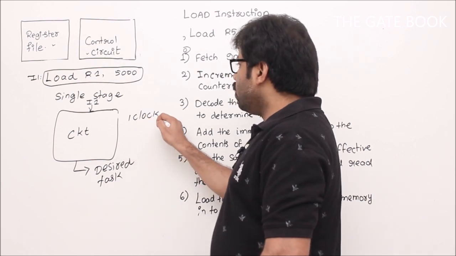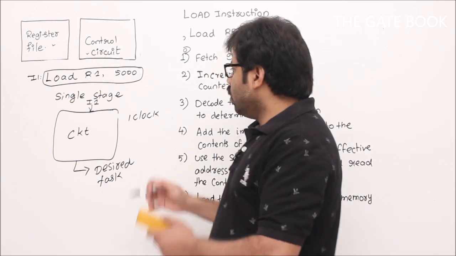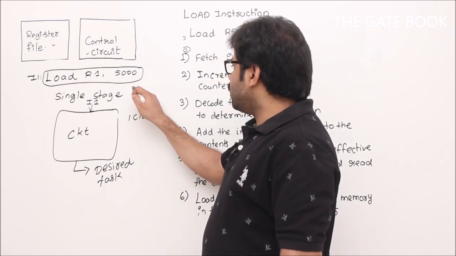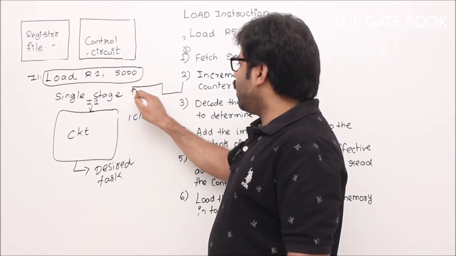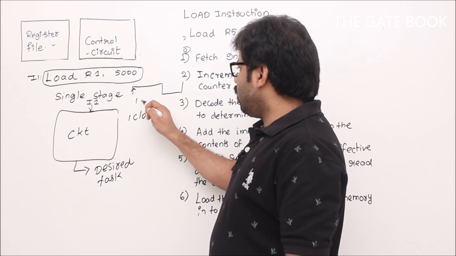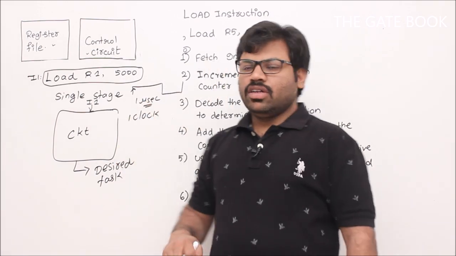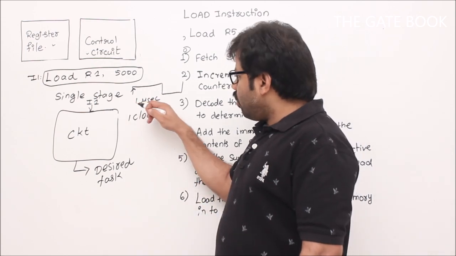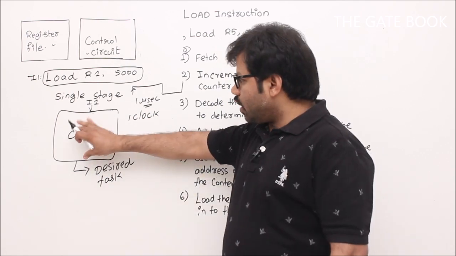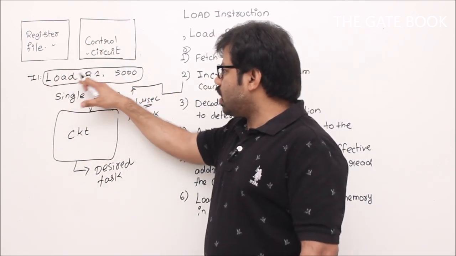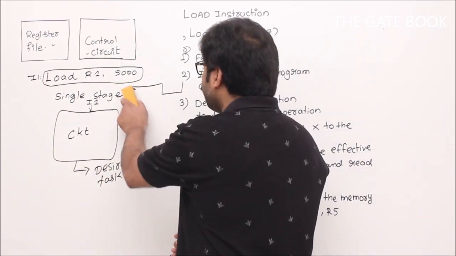Sir, how can you do this much big task in 1 clock cycle? Yes, we can do it, simple, because we can extend the length of the clock cycle. Example, let's say the duration of the clock is 1 microsecond, just for the sake of assumption. If within 1 microsecond this circuit won't stabilize, that means this circuit cannot compute all the things required in this operation or instruction, then what we do is we take a bigger clock.